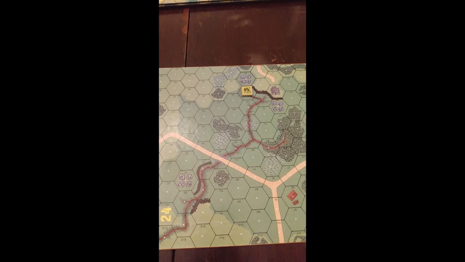So what we can do, in addition, is to move directly into H3, this hex here. So it's going to be 2 movement factors to get us out of the gully, and then 2 more movement factors to get us back in the gully. And that's 4 movement factors.